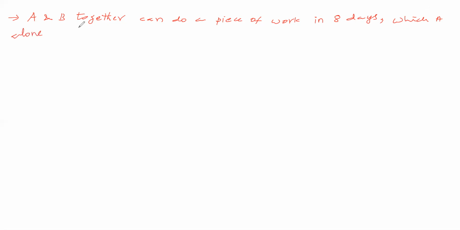A and B together can do a piece of work in 8 days, which A alone can do in 12 days.